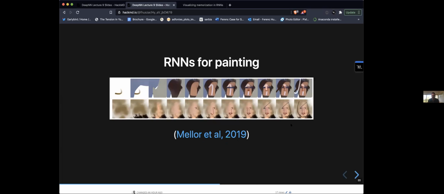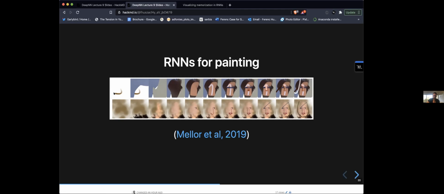Another, in my opinion, very cool example of modeling images as sequences is this work. Actually, there is an earlier version of this work. This is an improved version of something that was maybe from 2015 or 2016. This is training neural networks to paint. And how this works is, imagine that you're drawing an image on your iPad or something.